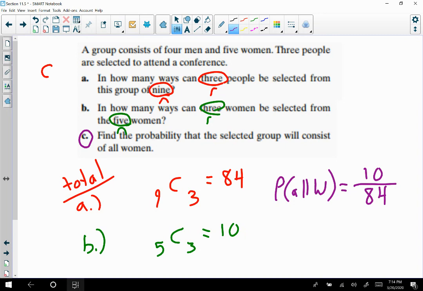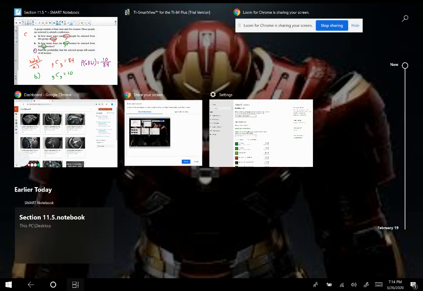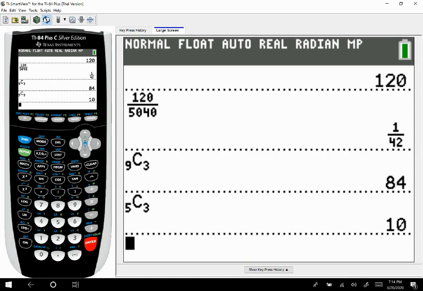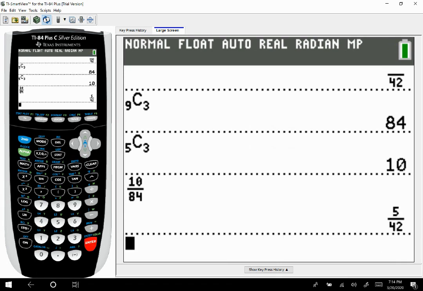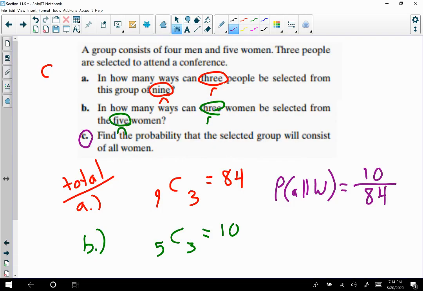And if you go into your calculator and reduce this down, you will get, oh, just kidding, 10 over 84 is 5 over 42. My bad. I was off a little bit. Okay? So we go back. That is 5 over 42. And there we go. Easy peasy.